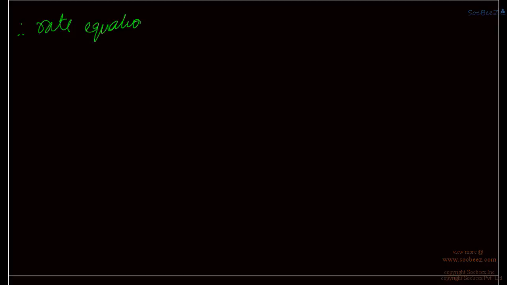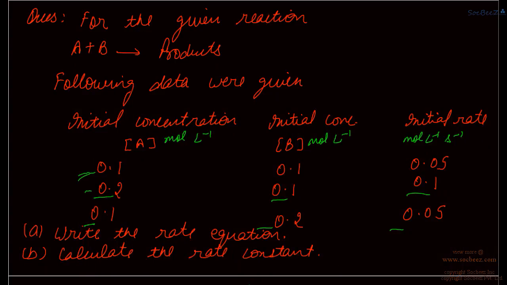Okay, and hence the rate equation is R equals K into A to the power 1 into B to the power 0. Or to simplify it further, we can write rate equals K. Now, just observe one of these values where rate equals 0.1 and the concentration of A is 0.2.